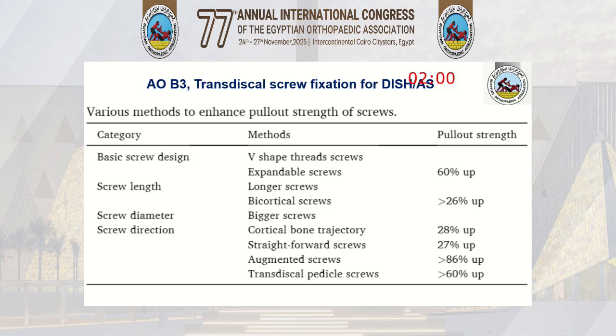So 1.6 plus 1.6 is 3.2. That's why it's the same as the 3 above. Of course, augmented screw is another option. But you have to use C-arm for augmented screw. But for this transdiscal screw, you don't have to.